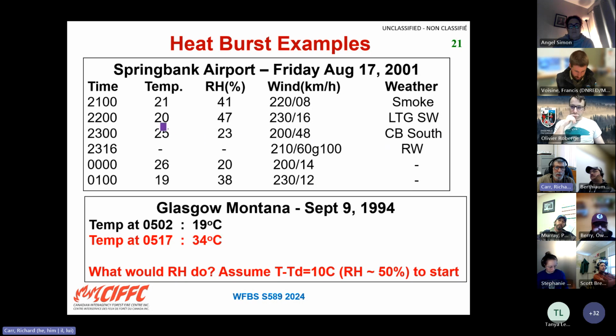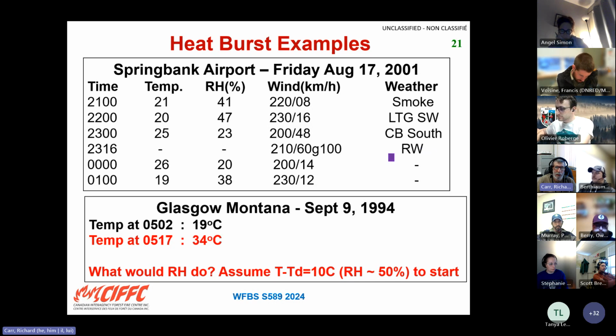By the time it gets up to 25 degrees, an hour later, we've got CB reported in the south of the station location. You can see the wind starting to shift around a little bit too, not a huge amount of difference in direction, but you can see the wind speed pick up, up to 48 kilometers per hour and then 60 gusting to 100. So we get an outflow there somewhere around 11 o'clock or a little bit after.